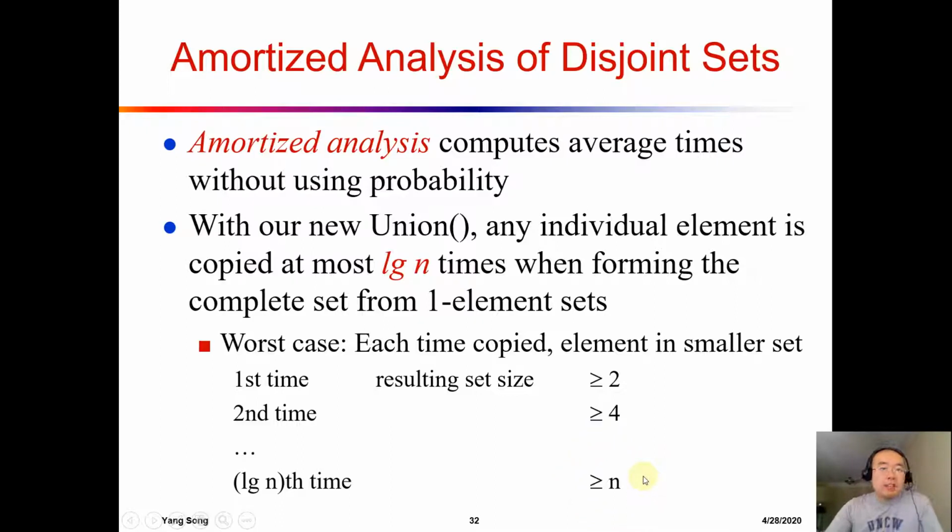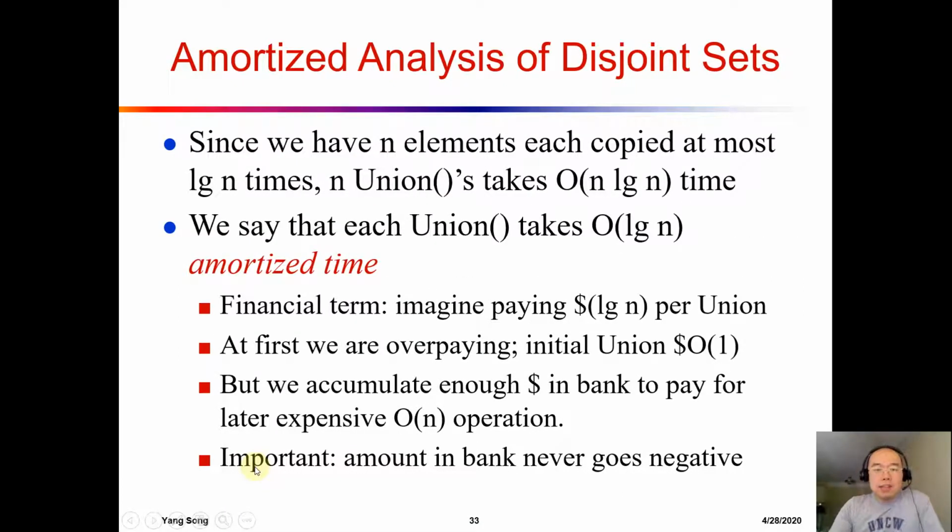That is the upper bound of how many times an item in a set can be copied. The strategy is to always copy a smaller set into a bigger set, and the upper bound on how many times an item is copied will be log n.